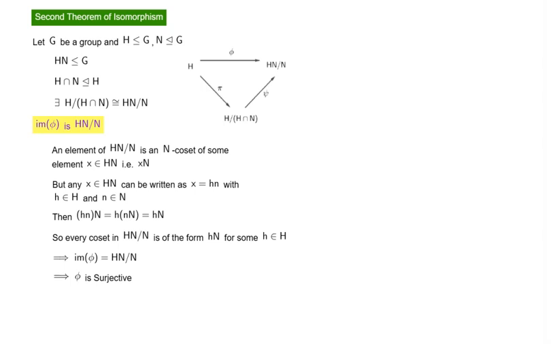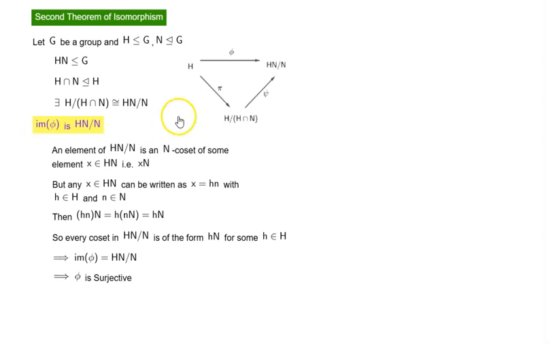Now, what all do we have? We have shown that HN is a subgroup of G, that H intersection N is equal to the kernel of phi. That means the quotient group H by H intersection N exists, and which means pi exists.